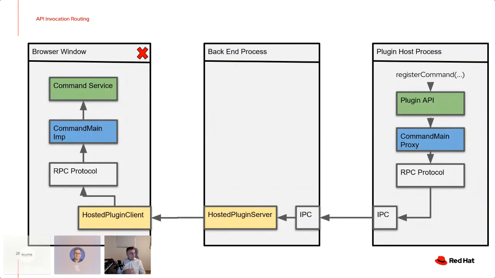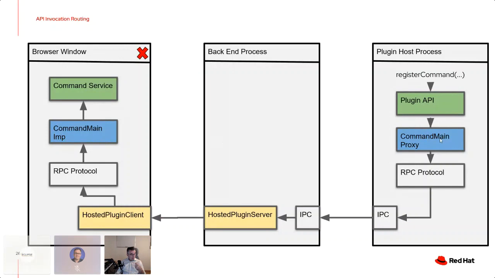So let's look a bit more closely at how this works. So again, we have the register command and we have a plugin API object and we have the command service on the browser window side. So the plugin API actually calls a command on a service proxy for a service that runs over here.